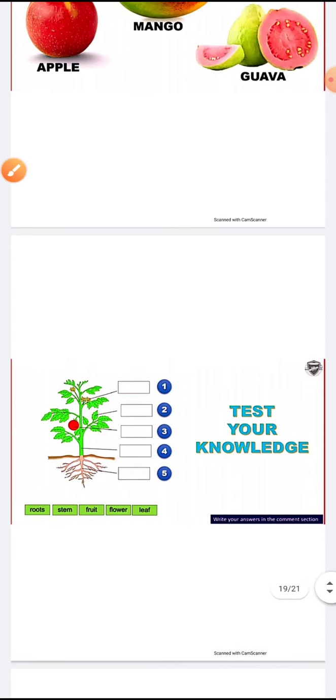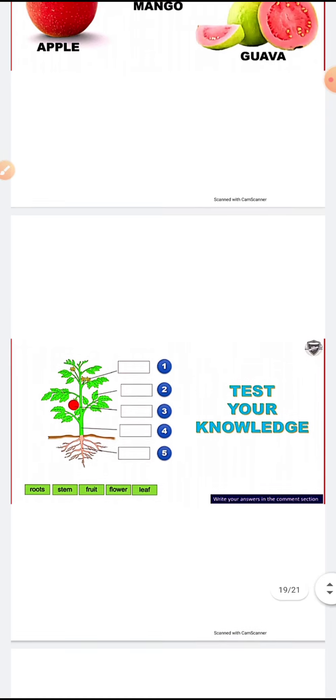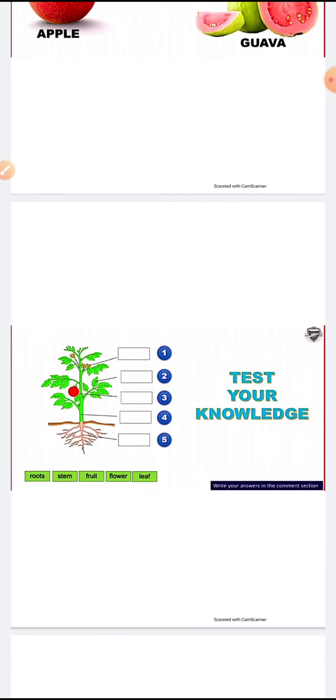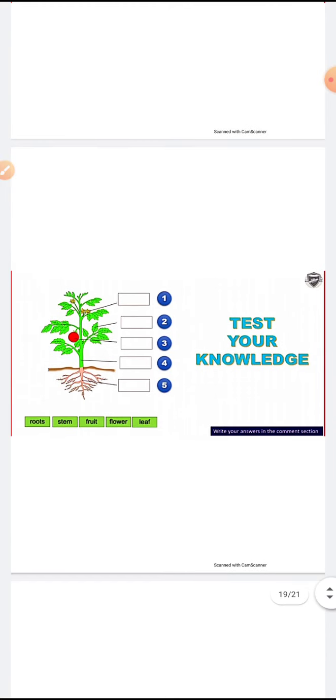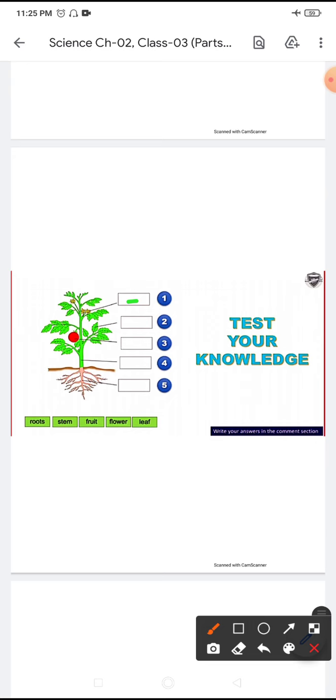Okay, now children, this is the activity to test your knowledge. So kindly fill the blanks.